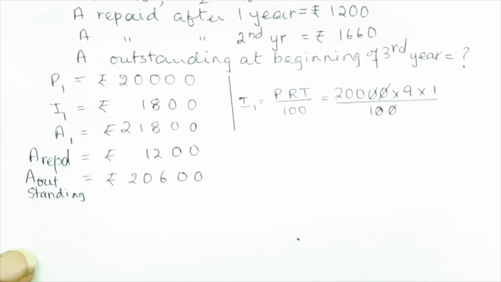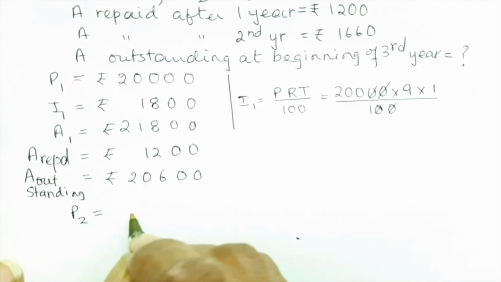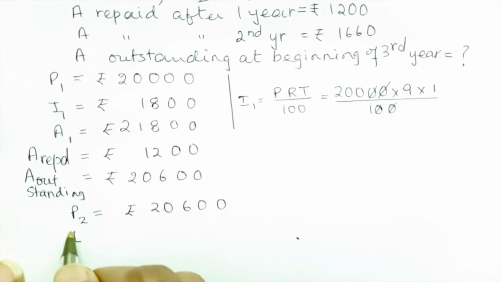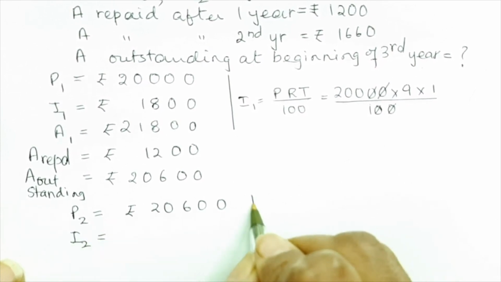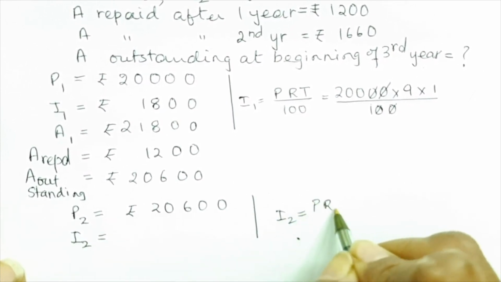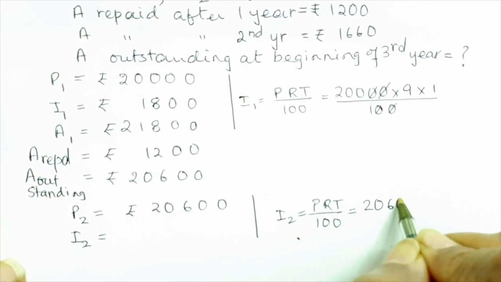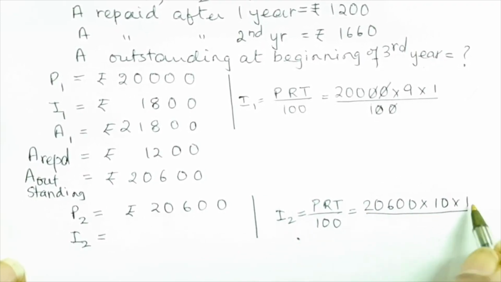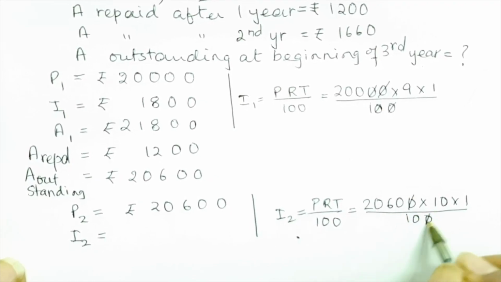So let us see how we do that. Your principal for the second year is rupees 20,600 and the interest for the second year will be, rate for the second year is 10%. Second year means time is 1.